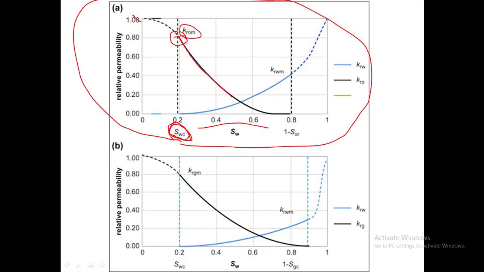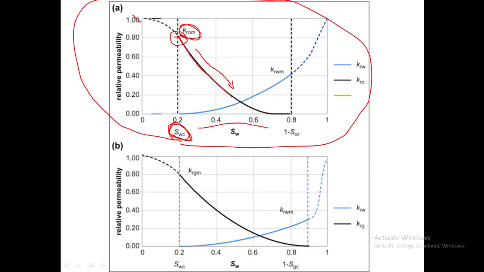Okay, so the saturation of oil gradually decreases, so indirectly it says that water saturation increases, right? Because of oil saturation decrease, there will be a decrease in permeability of oil.